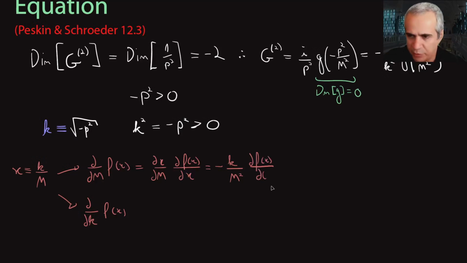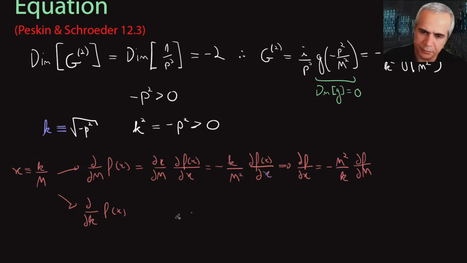These are all partial derivatives here. And that allows me to, on the flip side, invert this relation and write this as df dx is equal to minus m squared over k del f del m.